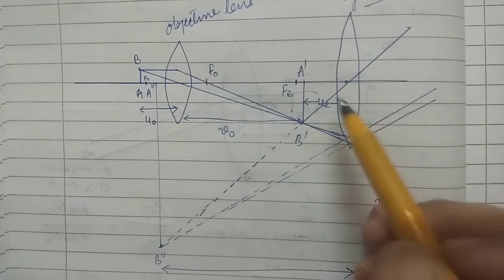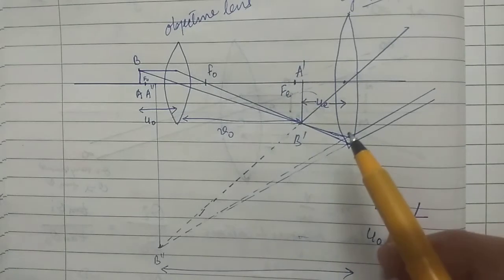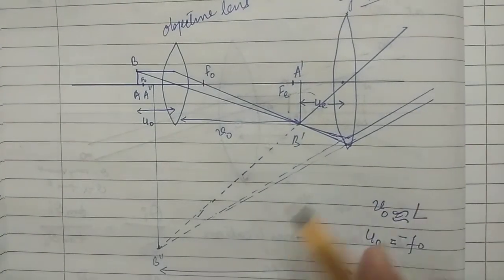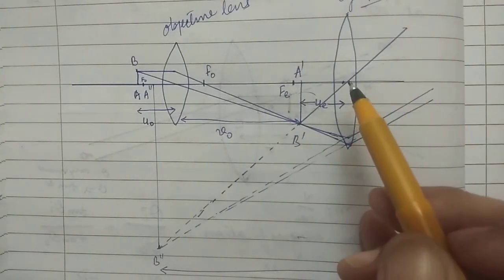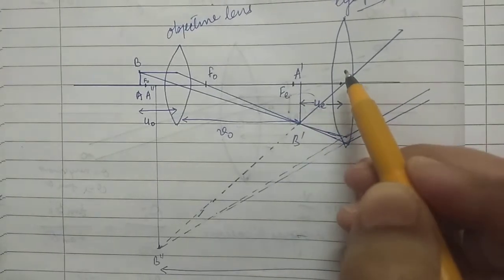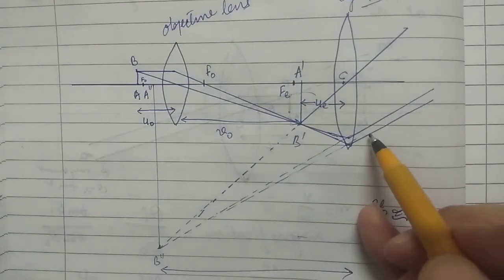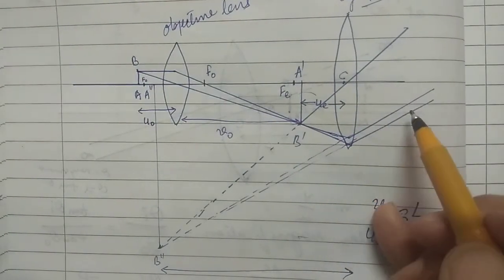Then all these rays would be parallel. First you draw one ray, and then you make the other rays parallel to the first ray. For convenience, we'll also draw the ray passing through the optical center, and then draw the other two rays parallel to it.